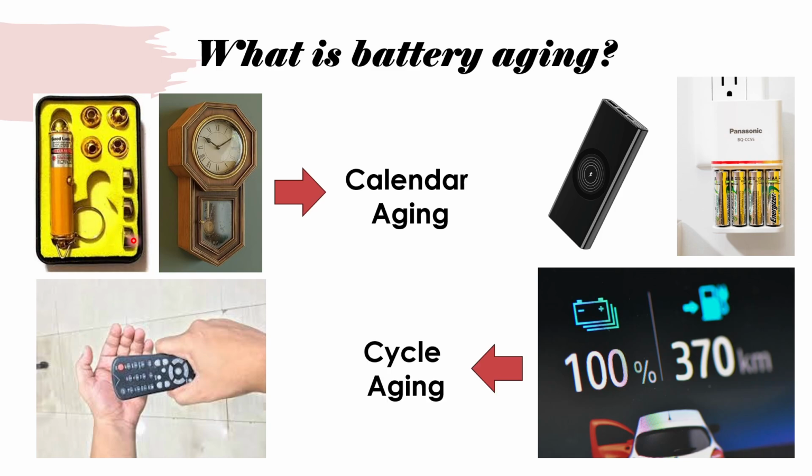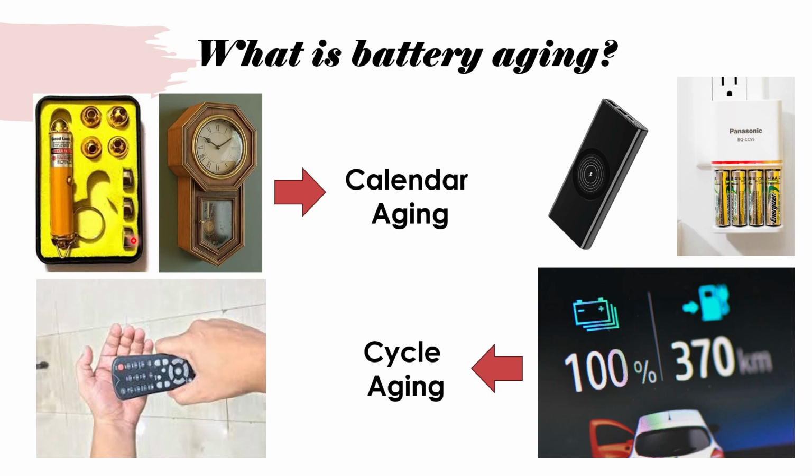In a nutshell, calendar aging is degradation of battery over time without applying any load, without using it. Cycle aging, on the other hand, is an accelerated form of aging which results from cyclic usage of a product.